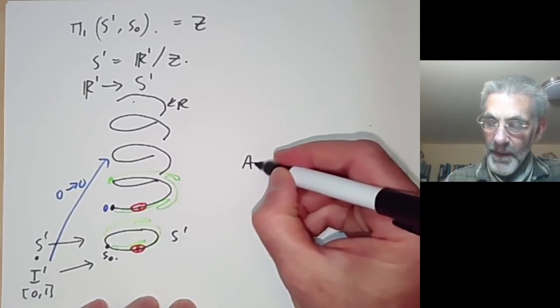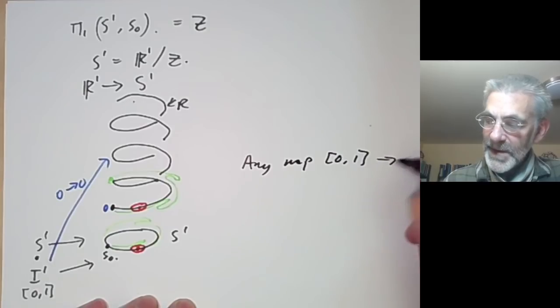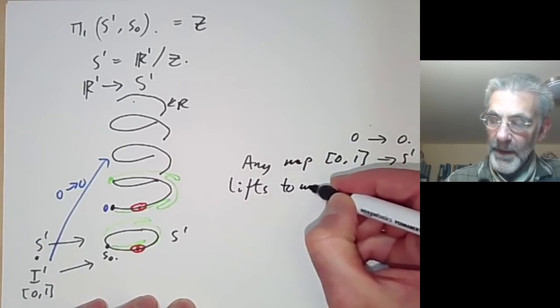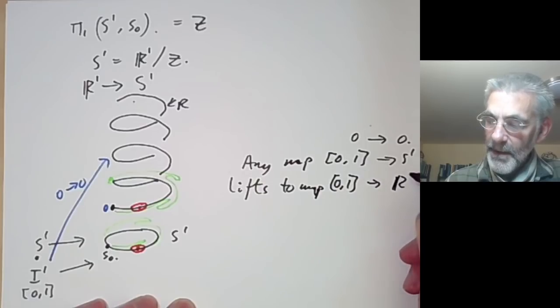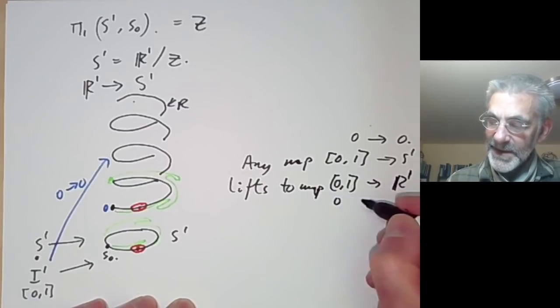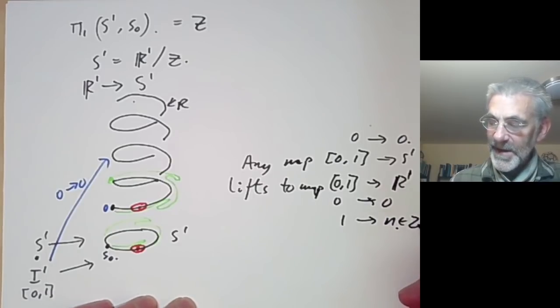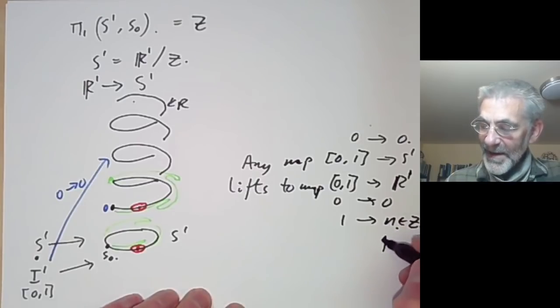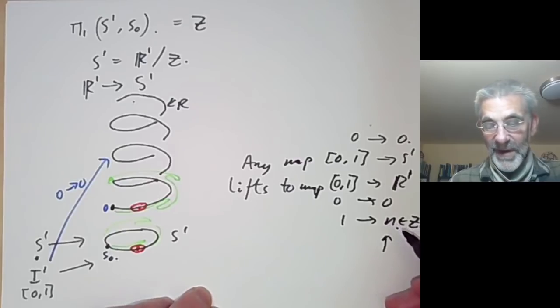So any map from 0 to 1 to S1, taking 0 to the base point 0, lifts to a map from 0, 1 to R. And again, it takes 0 to 0, and it takes 1 to some integer n in Z. And now this integer n is going to determine its homotopy class.